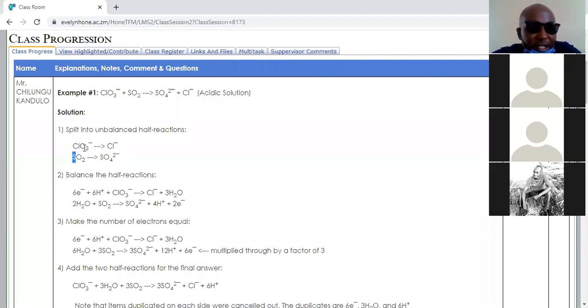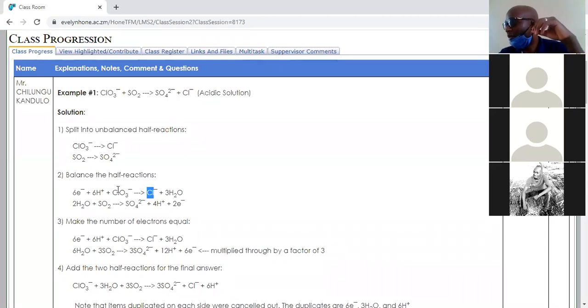So if you have oxidation numbers, what you do is take plus 5 and minus 1. So what's the difference between plus 5 and minus 1?